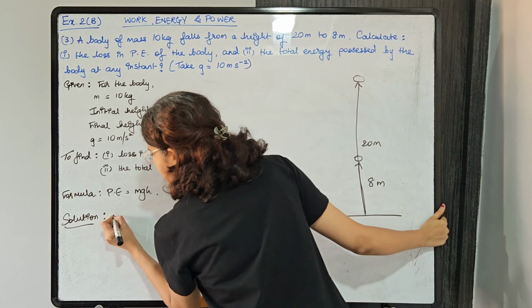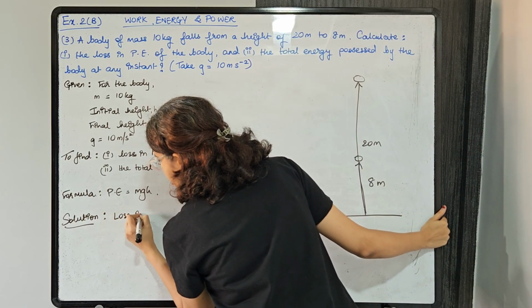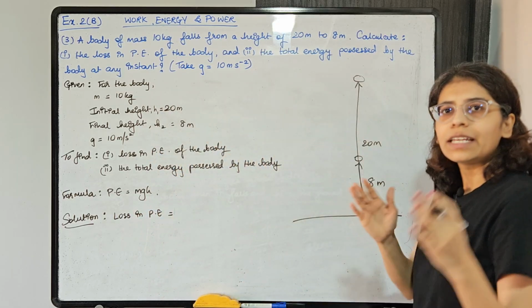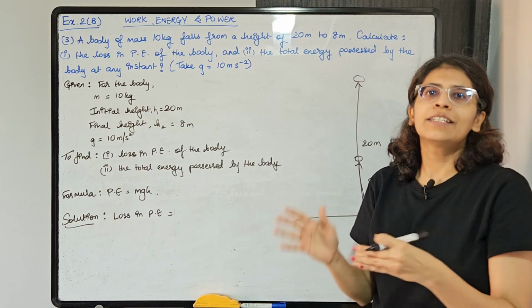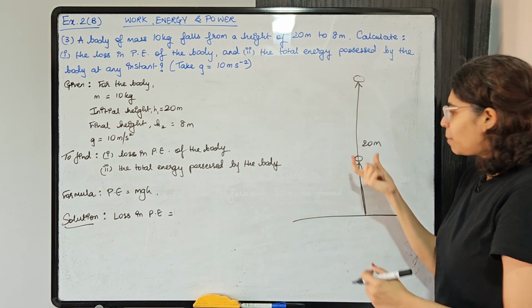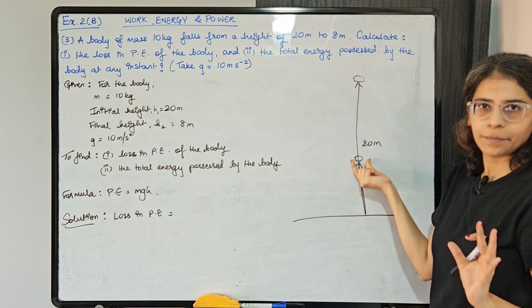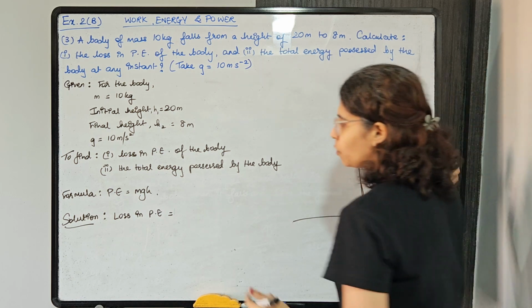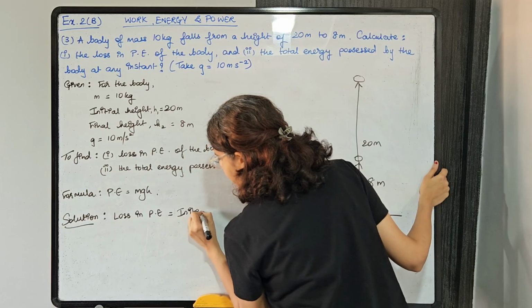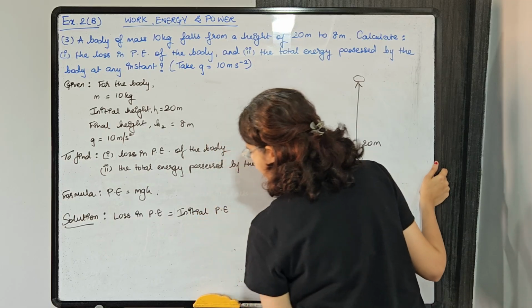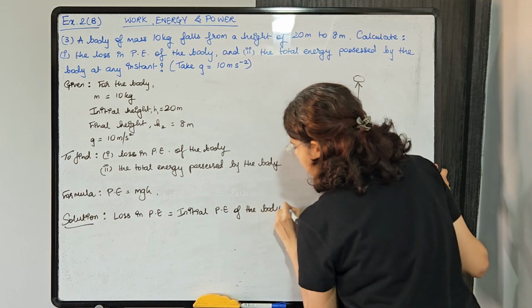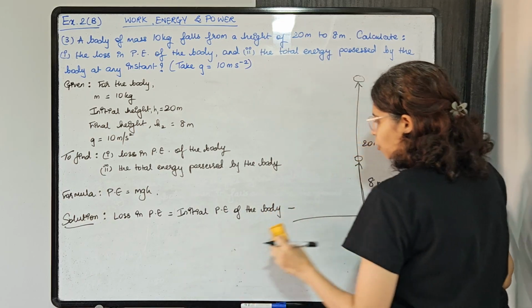So loss in potential energy will be equal to the initial potential energy minus final potential energy. Whatever is the potential energy at this height minus the potential energy at this height. Alright, so initial potential energy of the body minus final potential energy of the body.